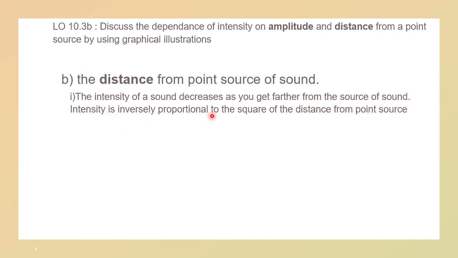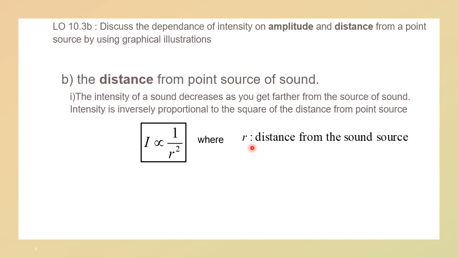Intensity is inversely proportional to the square of the distance from the point source. So lagi jauh kamu daripada sumber bunyi, intensity akan berkurang. So I is inversely proportional to R squared, where R is distance from the sound source.